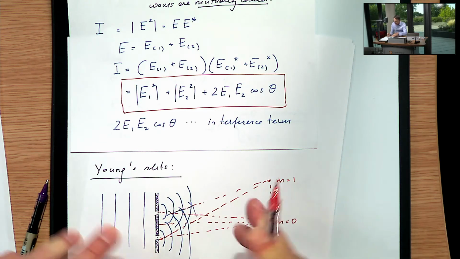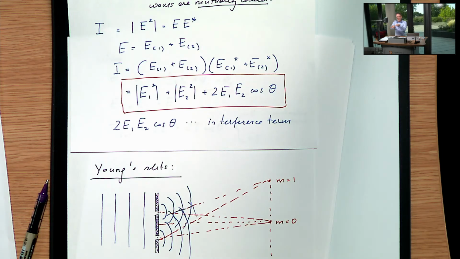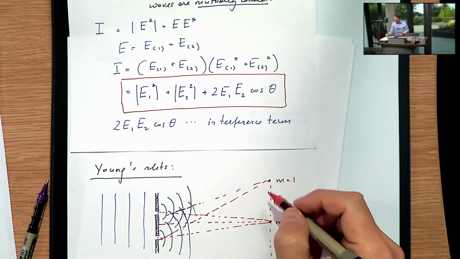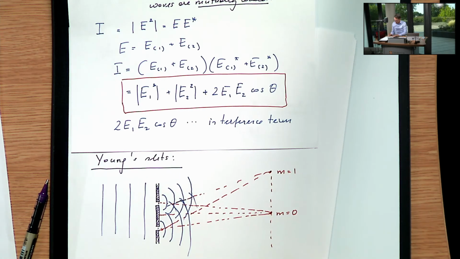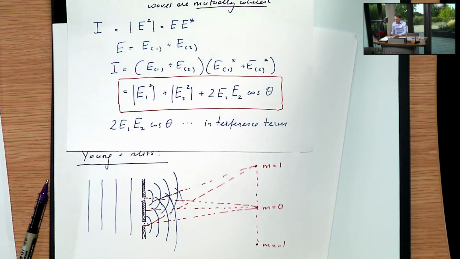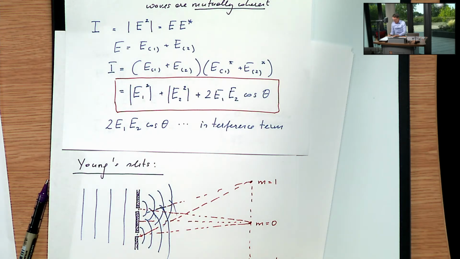But if that path is exactly one whole wavelength more than the other one, they'll end up being in phase again. And so you get another constructive interference point at that one. And similarly, of course, by symmetry, you get another order down there, m equals -1. So these are called the diffraction orders.